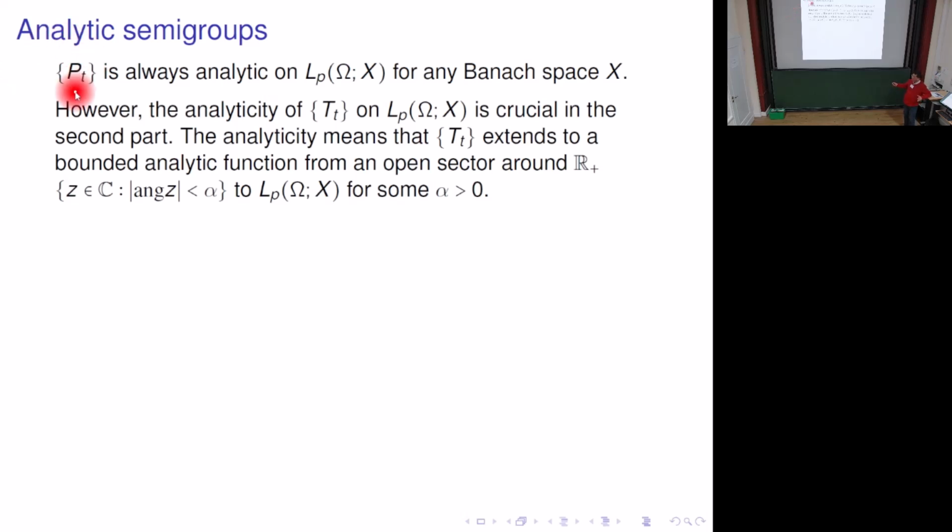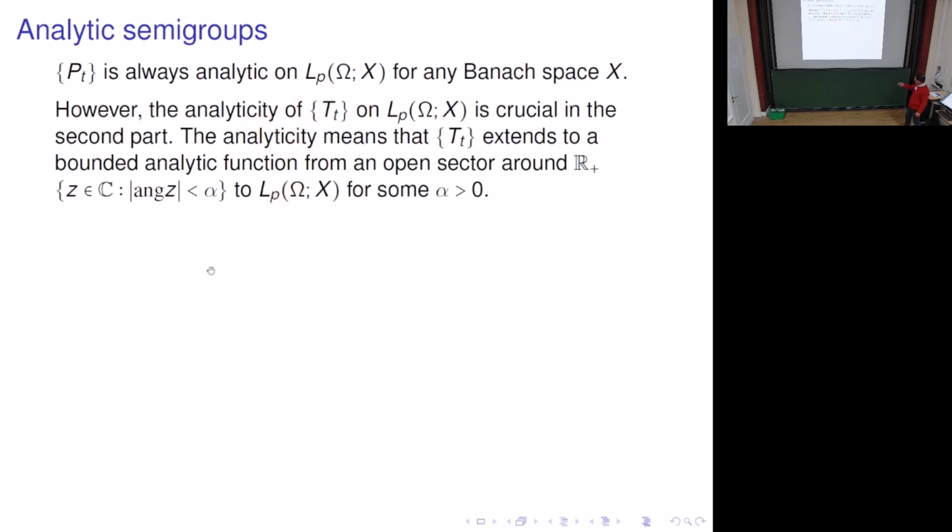I think that P_t, the Poisson semigroup, is better because, for example, this Poisson semigroup is always analytic on L^p also, for any Banach space. Of course, p strictly between 1 and infinity is fixed. However, this is not true for the semigroup itself.